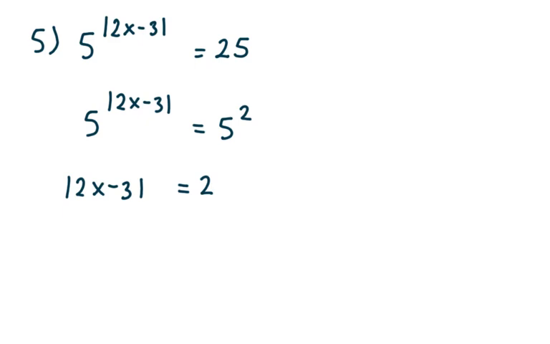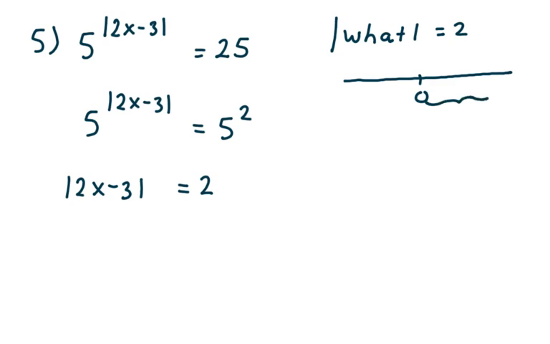Now, I ask myself the following. The absolute value of what will produce 2? And when you look at absolute value, here's 0. And if I go out a distance of 2, I land over here.